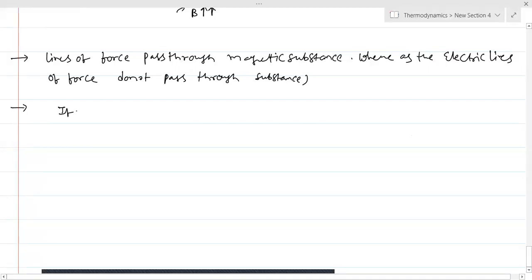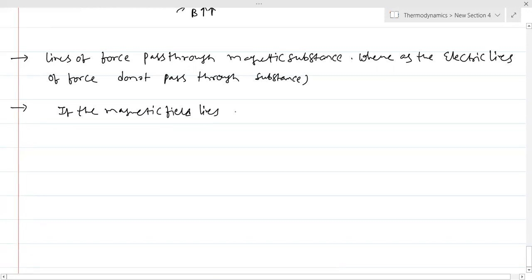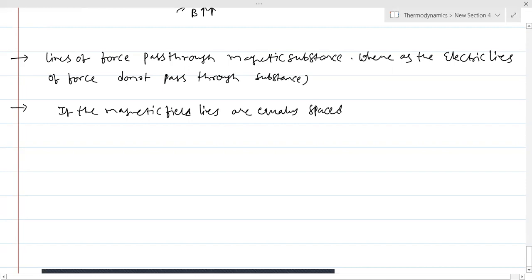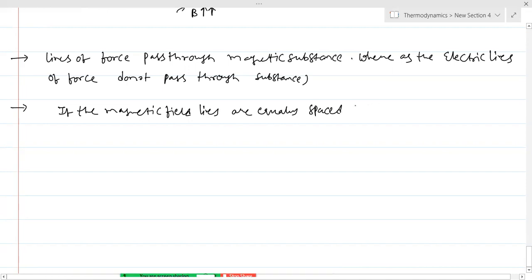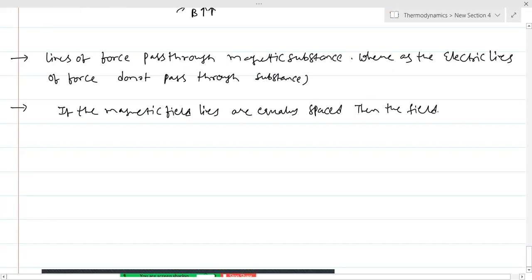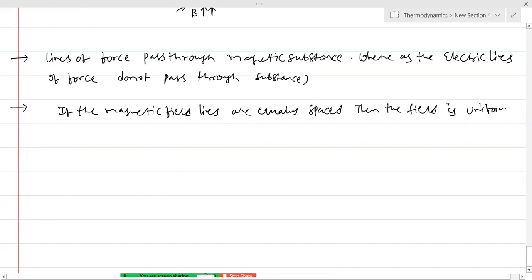Suppose if the magnetic field lines are equally spaced, then the field is uniform. The same thing is also applicable for electric field.